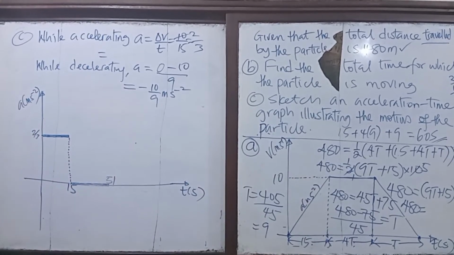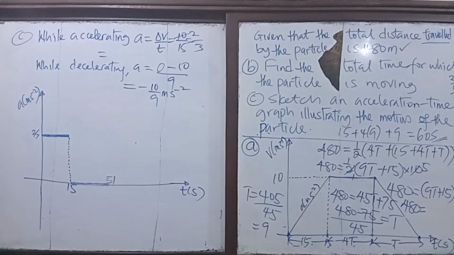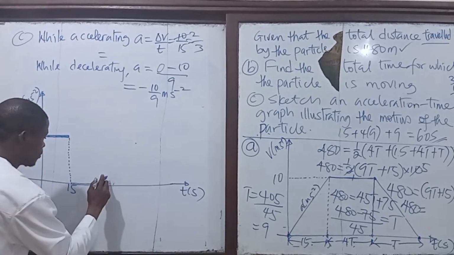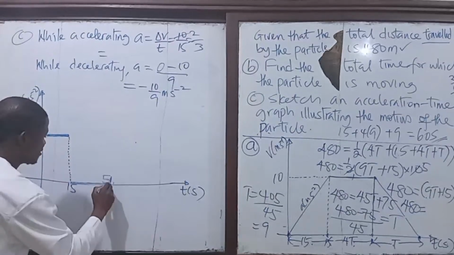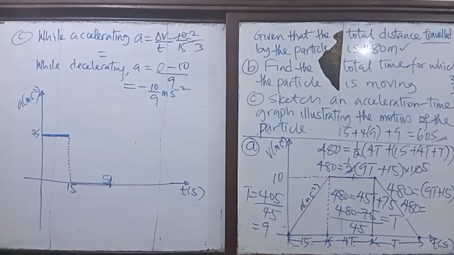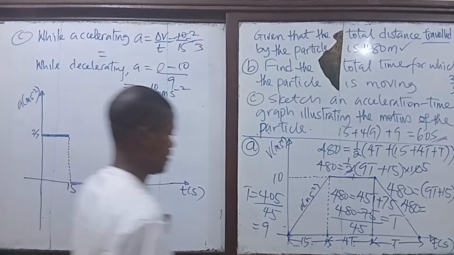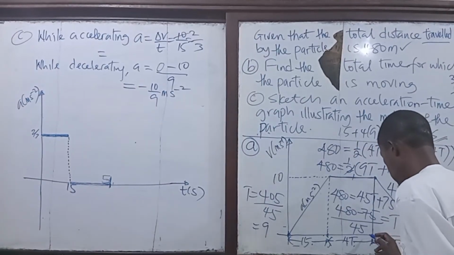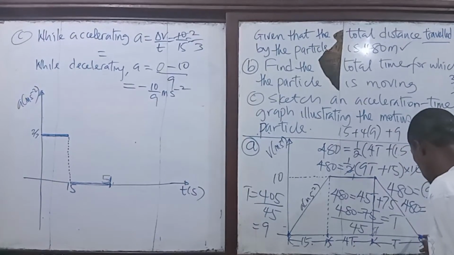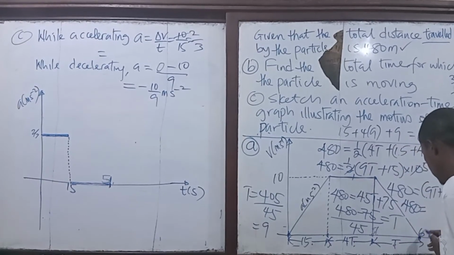Okay. Then after that, we now have the deceleration. That's minus 10 over 9, from 51 to 51 plus 9, so this is 60.